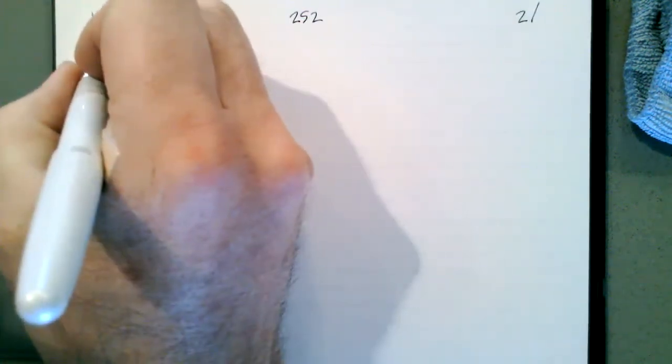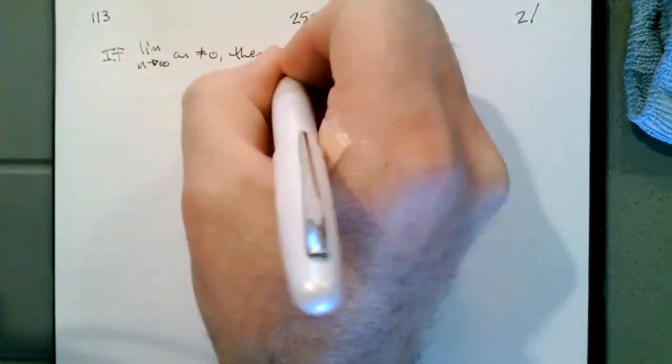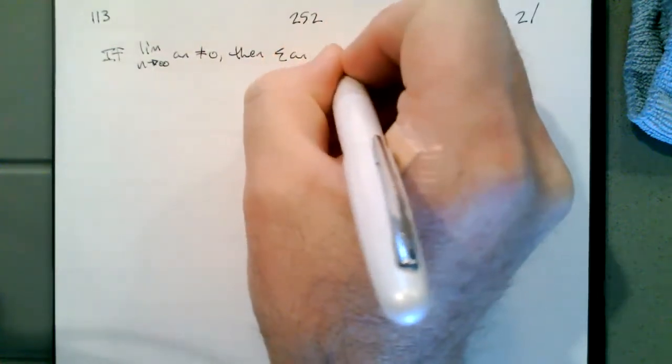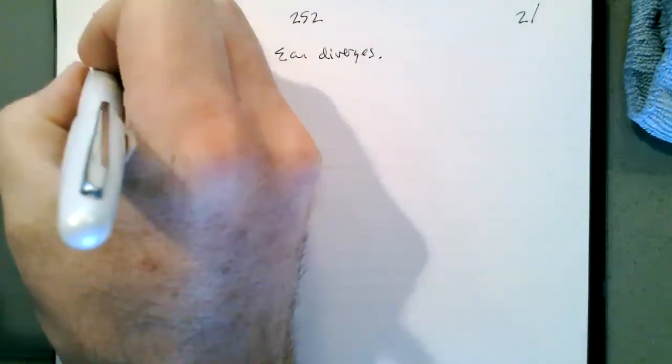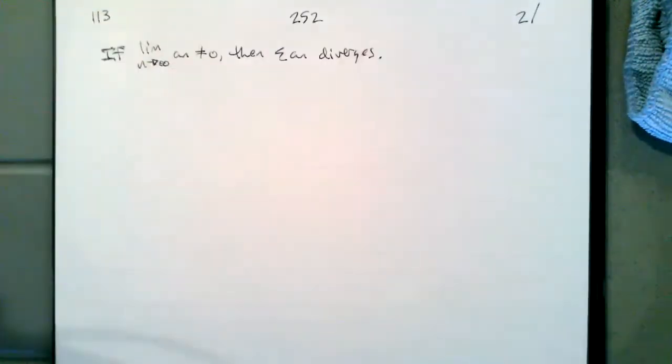First, most important thing to look for: if the limit of the terms of the series is not 0, then the series diverges.